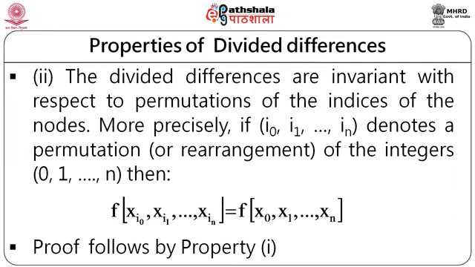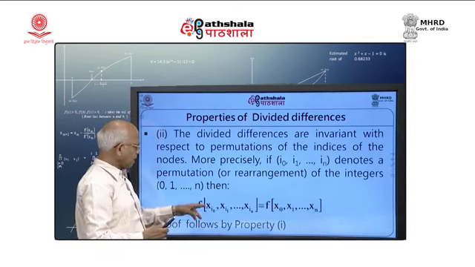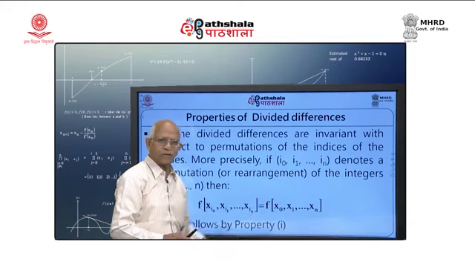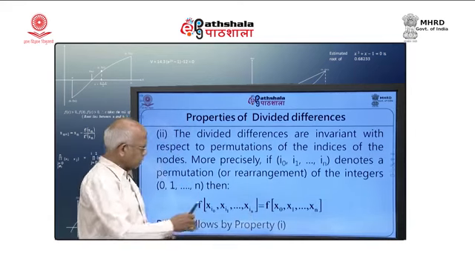Now, we consider the second property of the divided differences. It says that the divided differences are invariant with respect to permutation of the indices of the nodes. What I mean is that if I rearrange these nodes in any manner and take the divided difference, that will be the same as the divided difference with the nodes in the x 0, x 1, up to x n order.